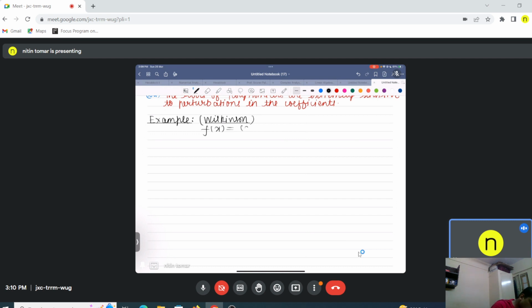Let f(x) be (x minus 1)(x minus 2) up to (x minus 10), and g(x) be x power 10. Now both are polynomials of degree 10, am I correct? So both are polynomials of degree 10.